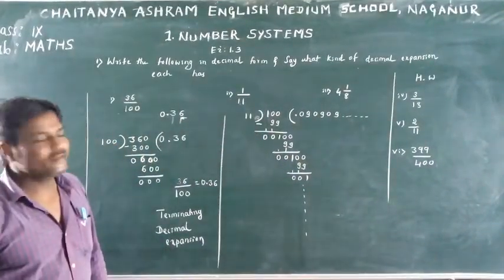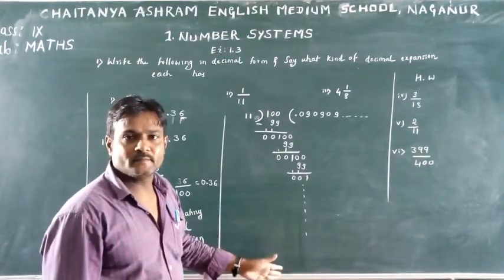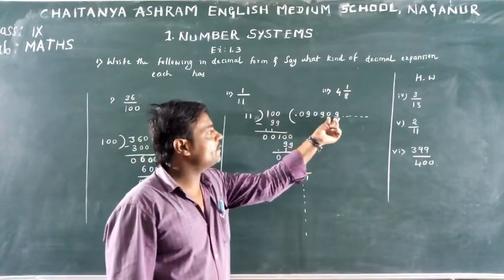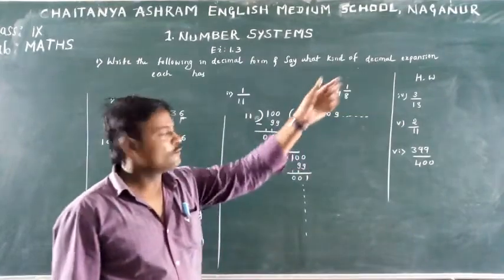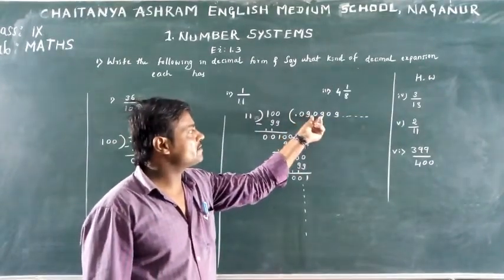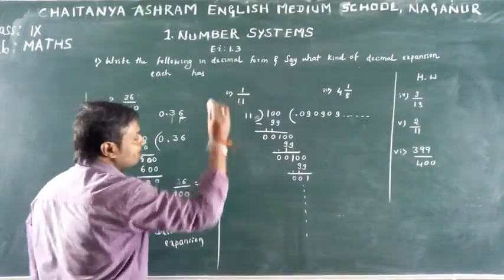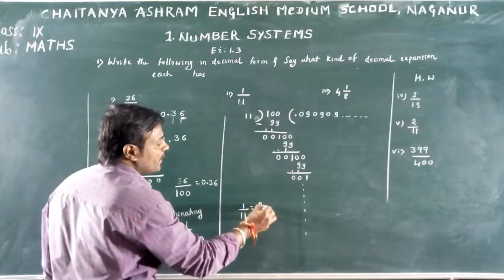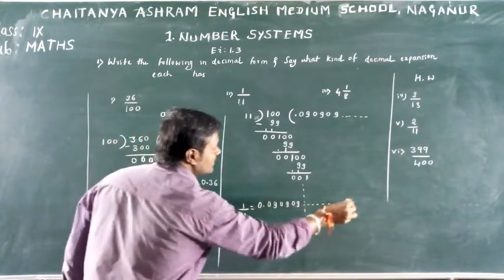Okay. So mention, this division process does not end. See the digits 09 09 09 09 09. It goes on. So these two digits start repeating. So then what is the decimal expansion of 1 by 11? The decimal expansion of 1 by 11 is 0.090909 and so on.